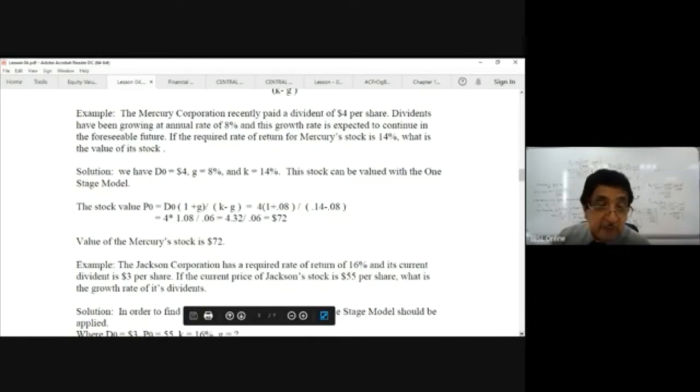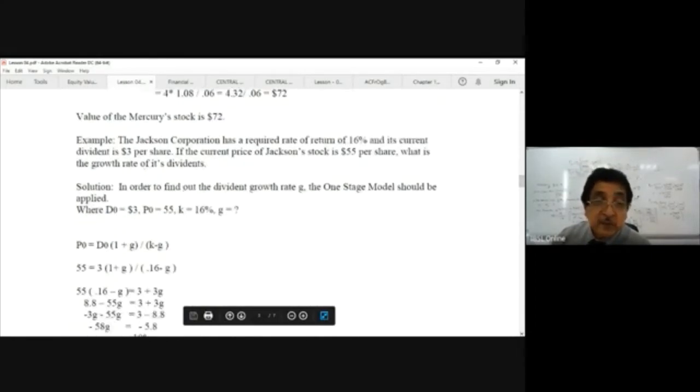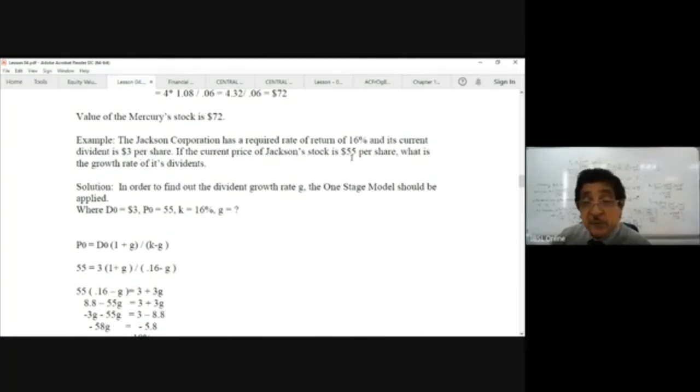Then we go to another example. The Jackson Corporation has a required rate of return of 16% and its current dividend is $3 per share. If the current price of Jackson stock is $55 per share, what is the growth rate of its dividends? Now it is the other way around. You have to do a reverse calculation here.